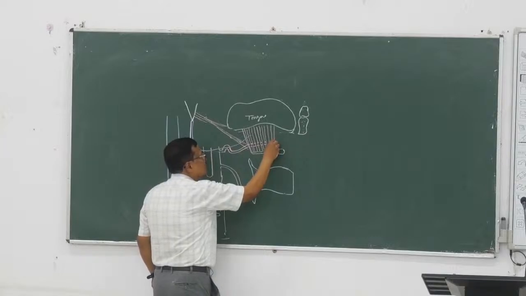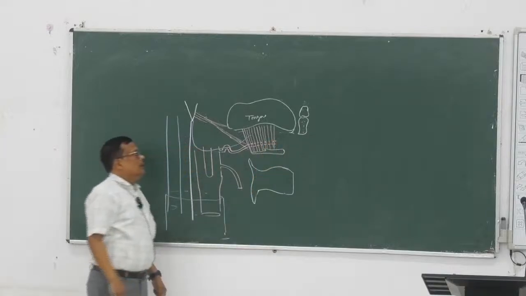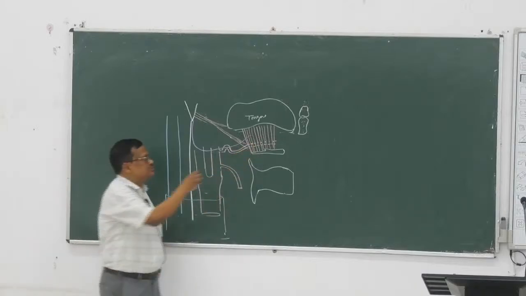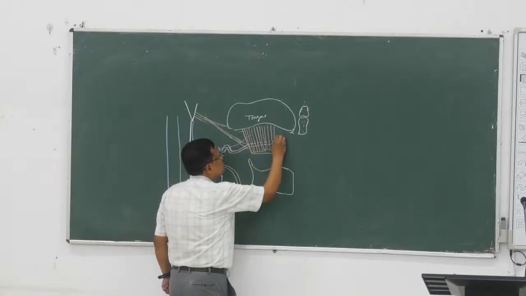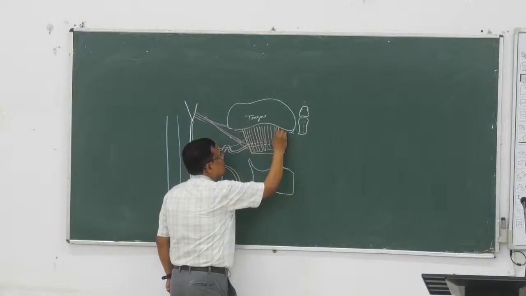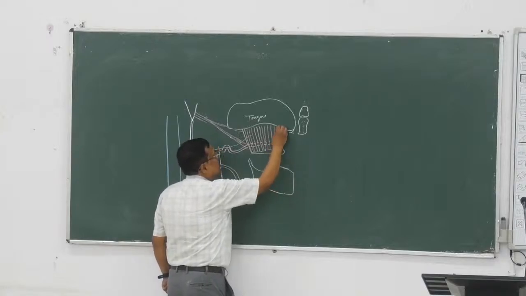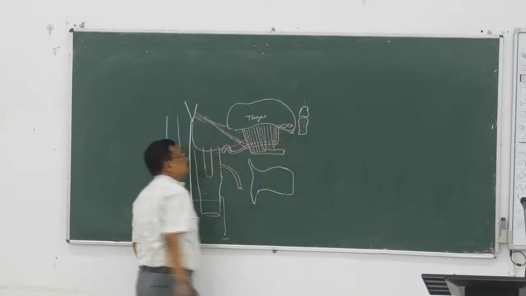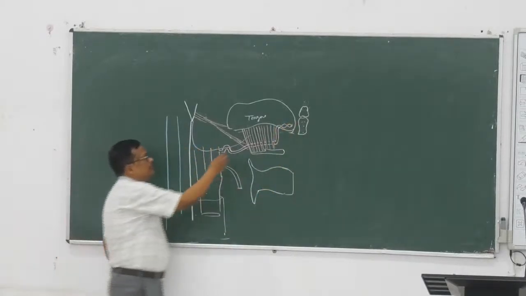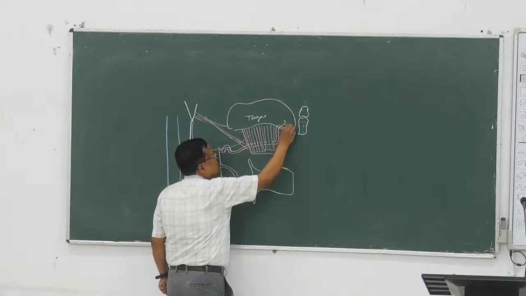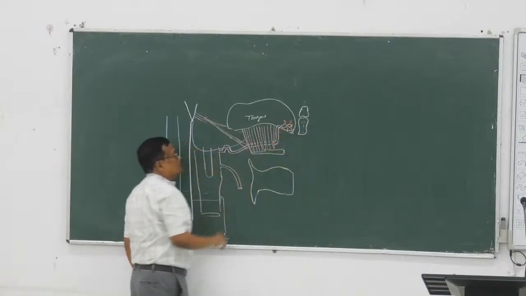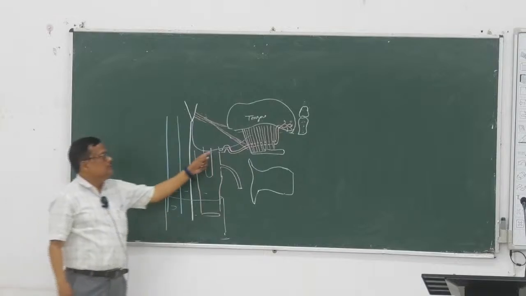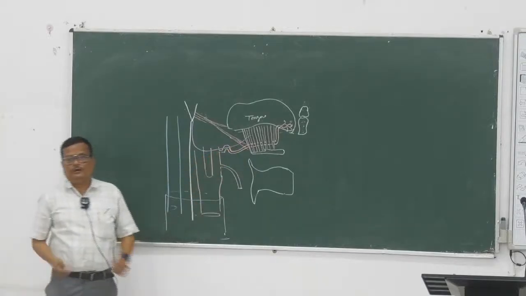Then it comes out at the anterior border of the hyoglossus muscle. Then it courses up to supply the branches. So these are the usual course of the lingual artery.